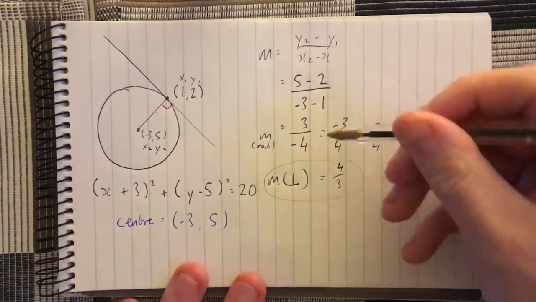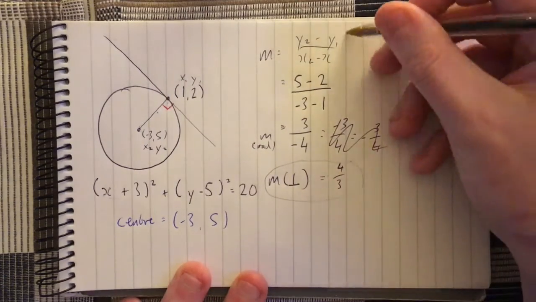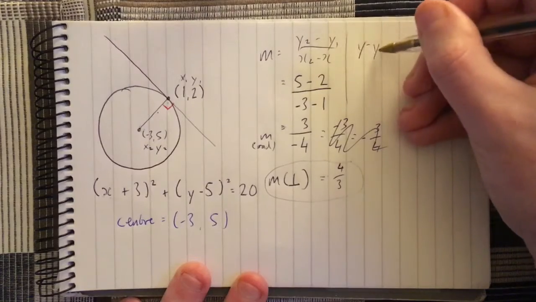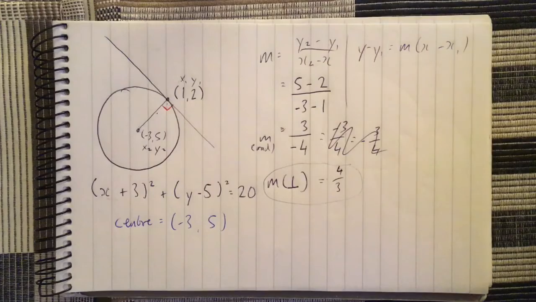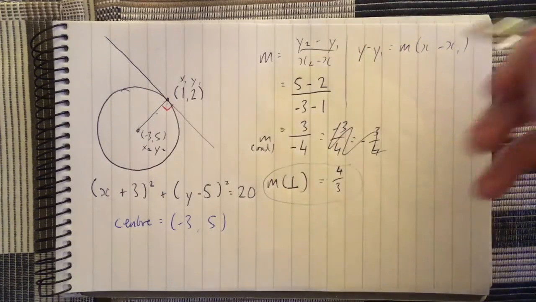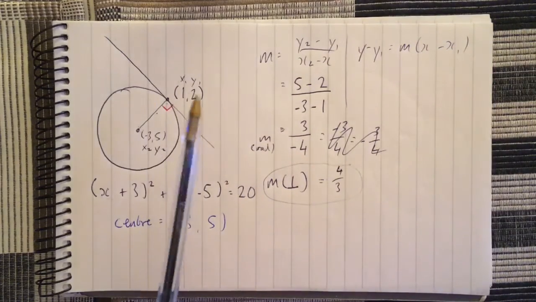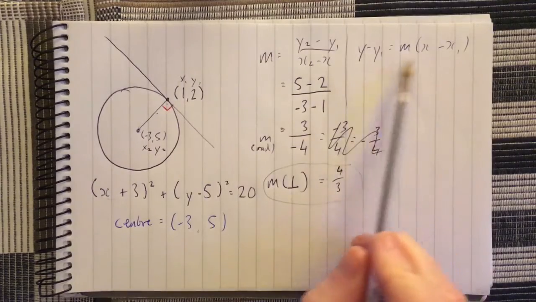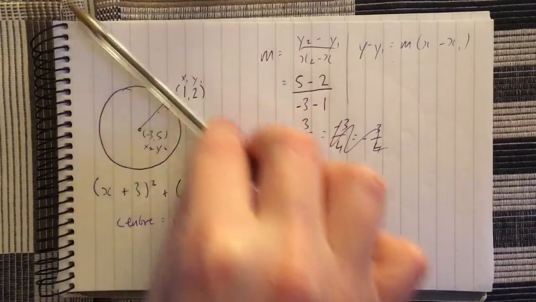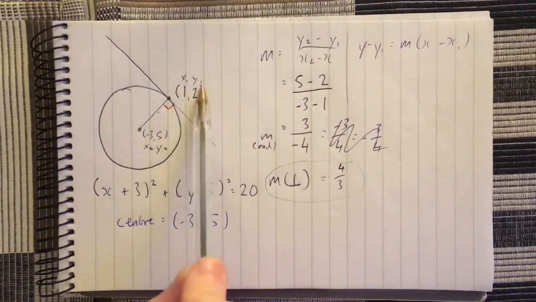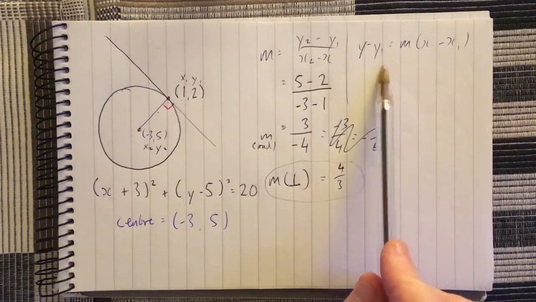So the equation of the line formula is y minus y1 equals m times (x minus x1). The other thing here is, when you're subbing into this formula to get the equation of the tangent, it's this point out here which goes into the formula.